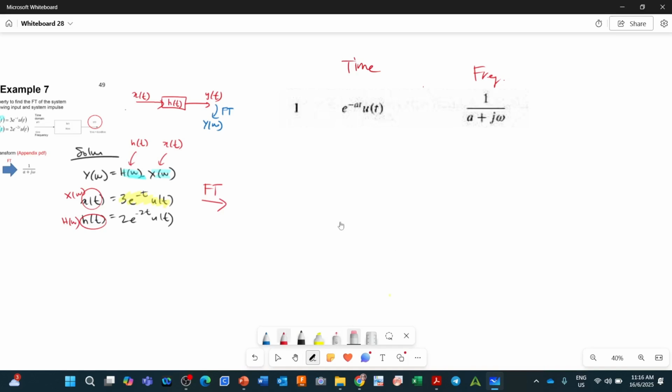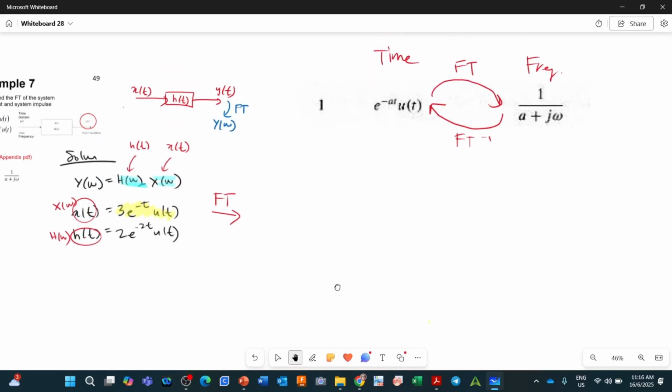This direction is the Fourier transform, and vice versa is the inverse Fourier transform.